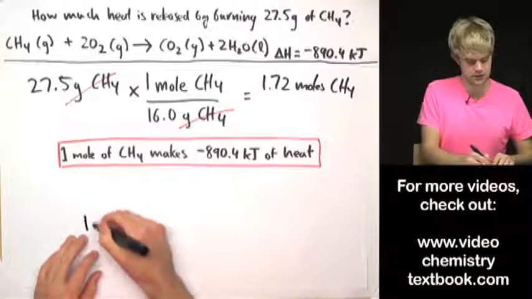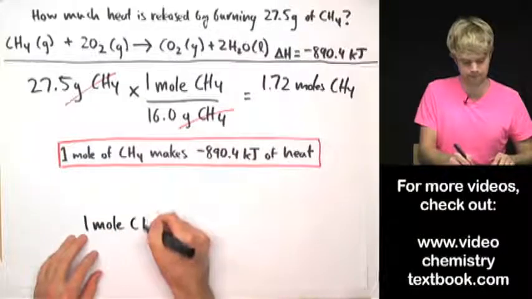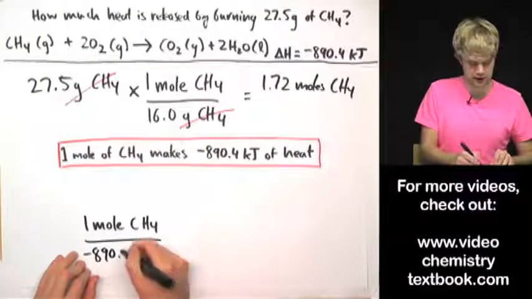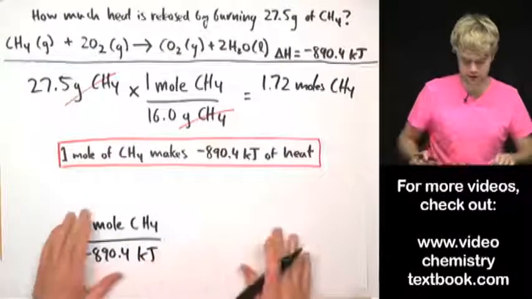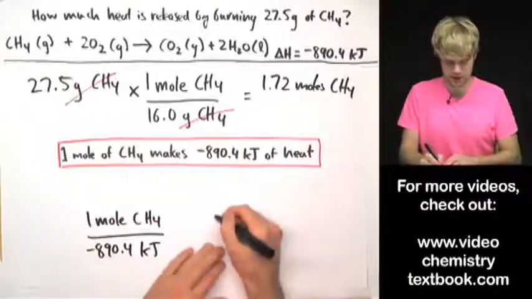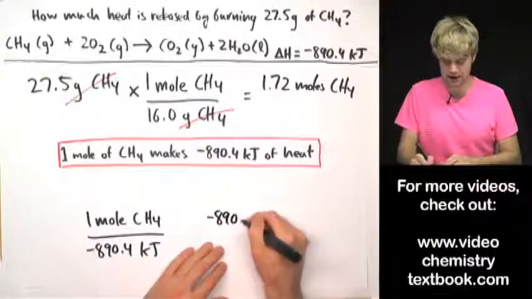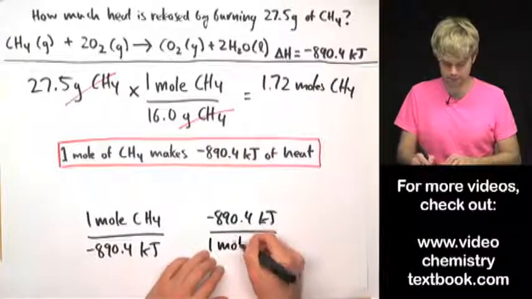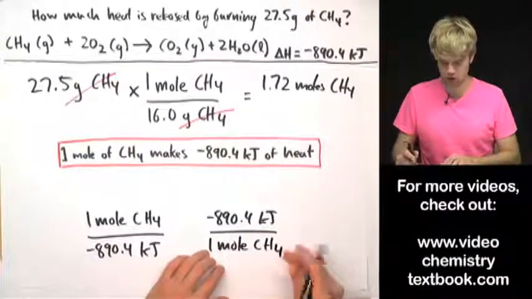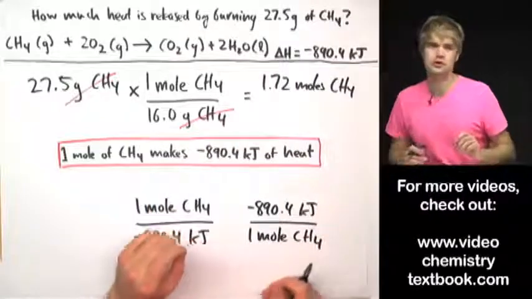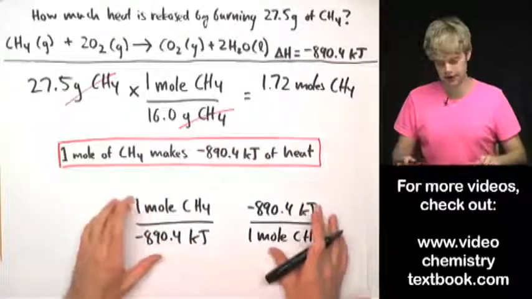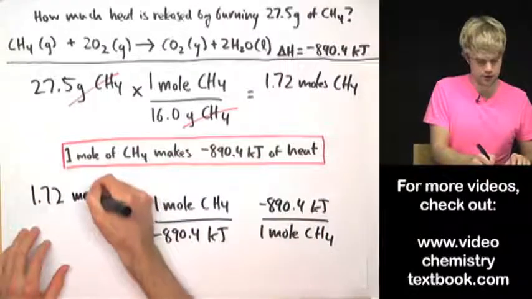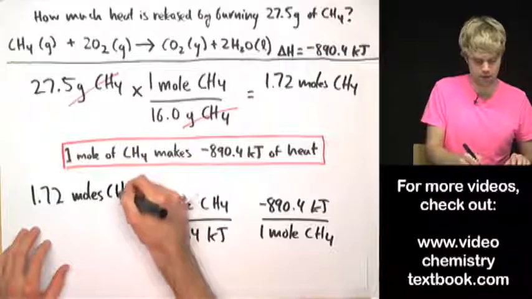One of them looks like this: 1 mole CH4 over negative 890.4 kilojoules. Now I can also flip this, and write negative 890.4 kilojoules over 1 mole CH4.